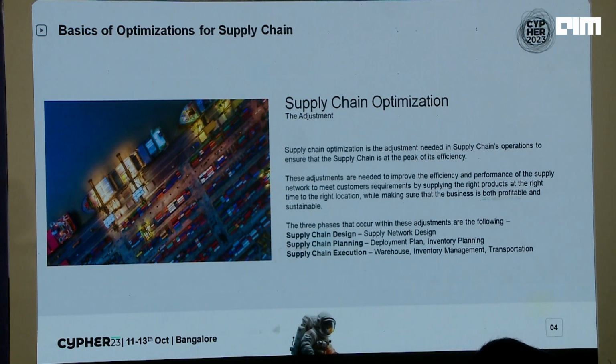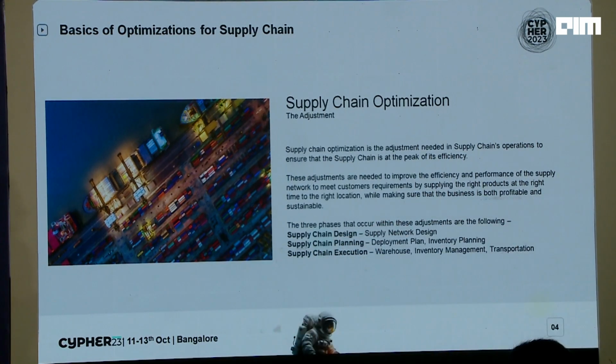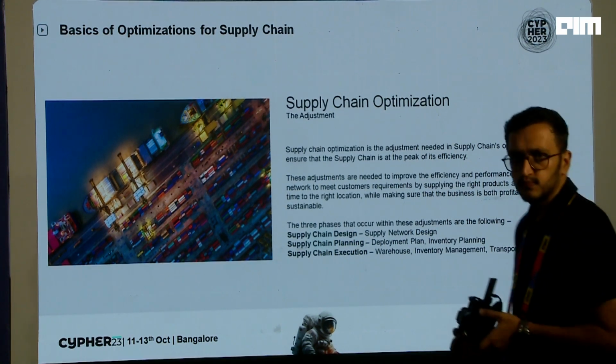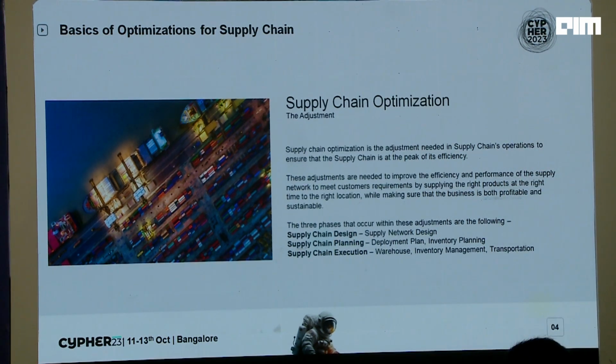Then we get into the supply chain planning part, where you have the entire deployment plan. You have your inventory planning. That means when I'm deploying my supply chain, where is the stuff coming from? What I'm keeping on the shelf, right, in the inventory. I'm buying some equipment. A few parts are critical parts, so I need to have a backup of those parts.